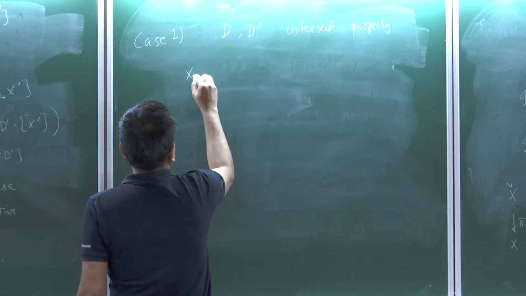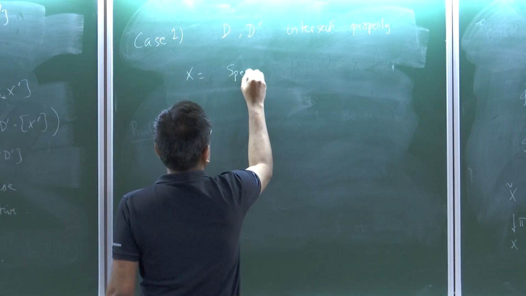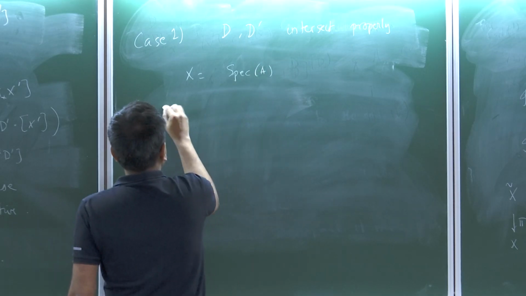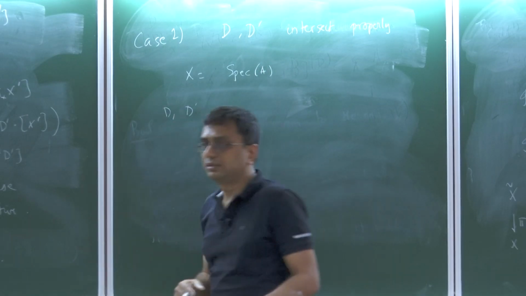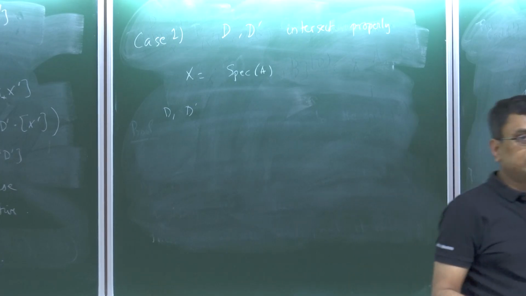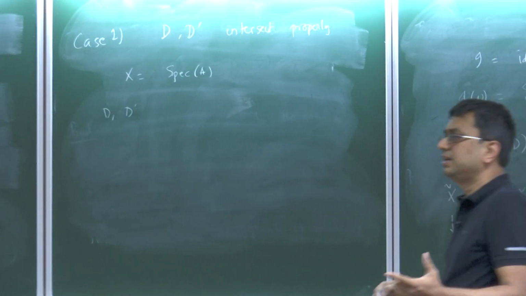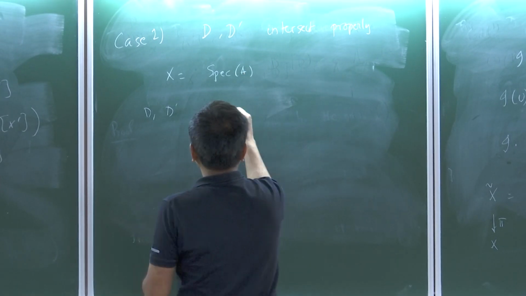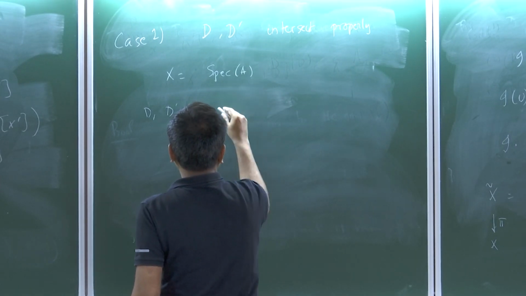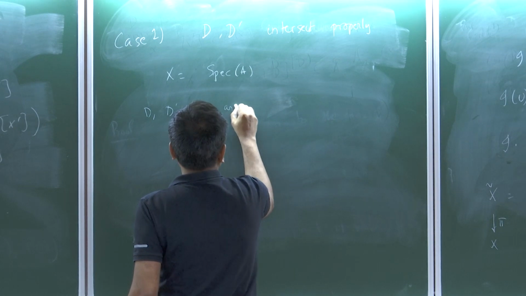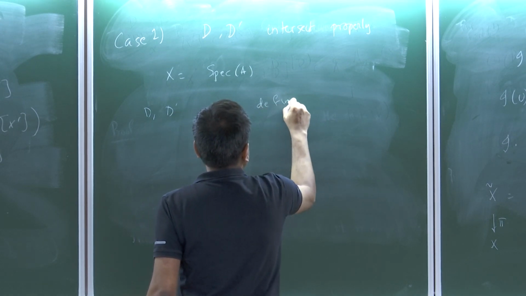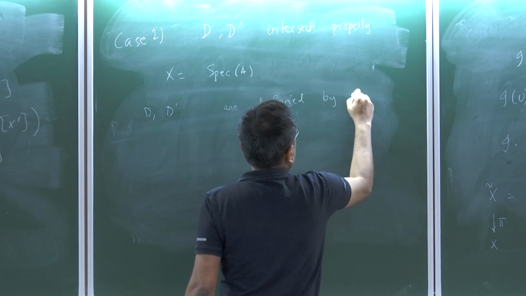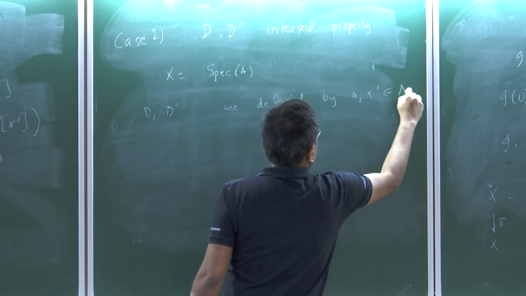So now let us switch to commutative algebra. Let's say X is equal to Spec A, and D and D prime are Cartier divisors. Let's say they are principal Cartier divisors given by just one function, but now that's because they are effective, so they are given by elements of A. So let's say D and D prime are defined by a and a prime in this ring.